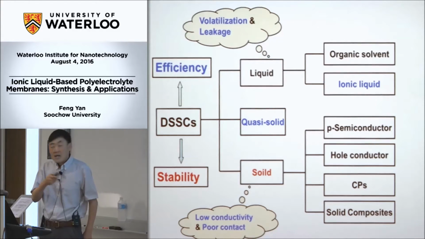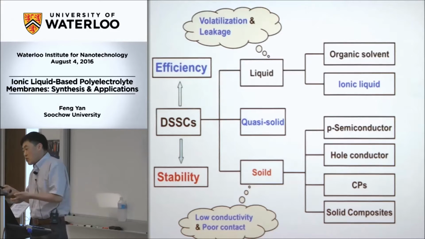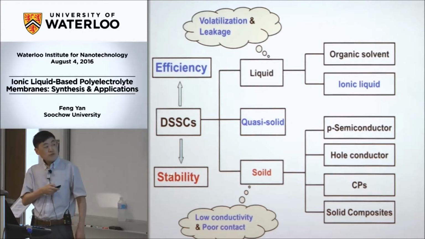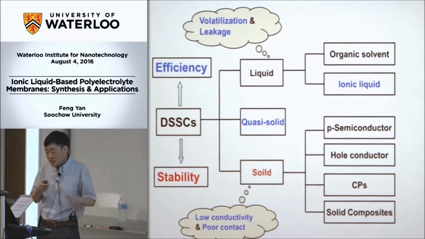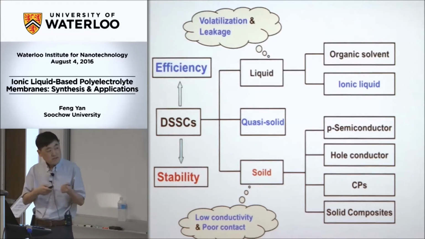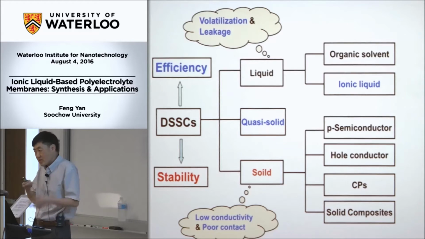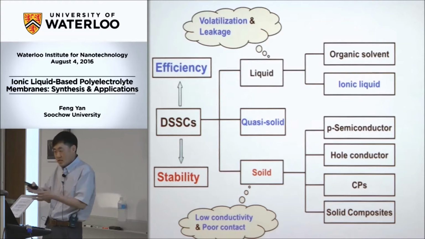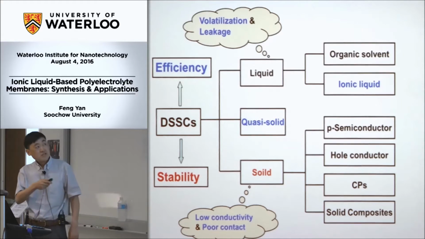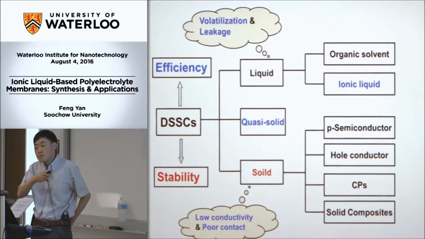But the ionic liquid itself is still a liquid, so you cannot avoid the leakage. But if you use solid-state electrolytes, the stability will be increased. But the problem is the low conductivity and the very poor contact between the electrolyte and the electrode. So we should find the balance between these two parameters.